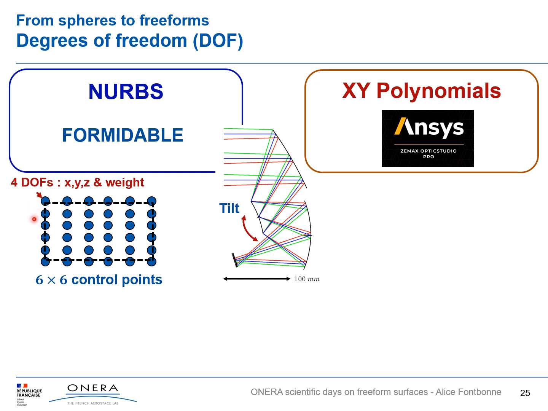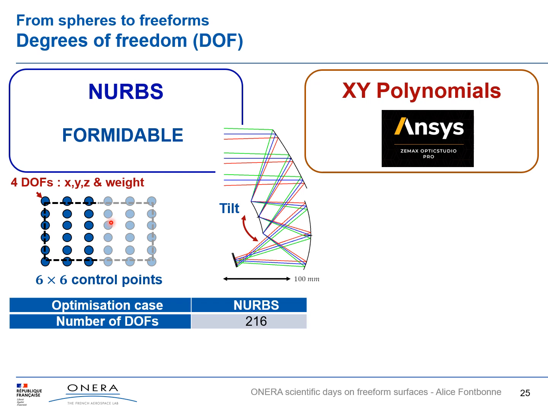And because we want the surface to present symmetry along the x-axis, we have in fact only these control points that are used for the optimization. So with Formidable, NURBS have 200 degrees of freedom.